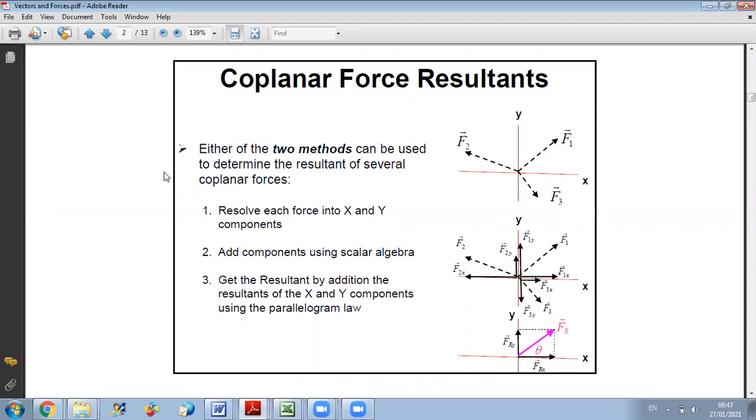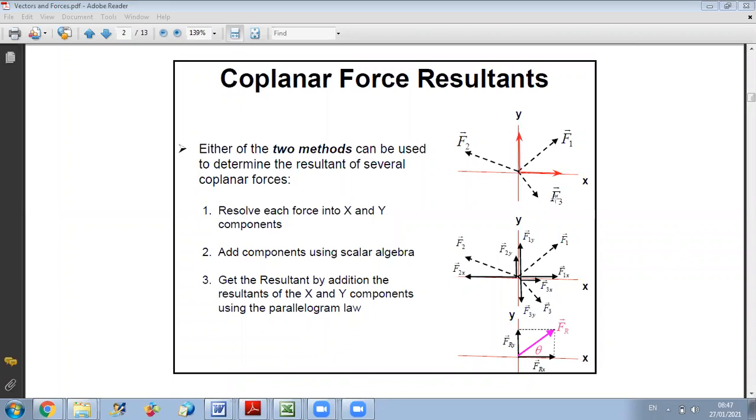So, for example, here I have three forces, F1, F2, and F3, and I want to add them. What I did was decompose each force into components. As you can see here, F1 can be decomposed into X and Y components.